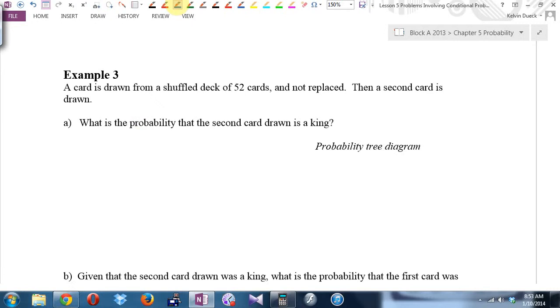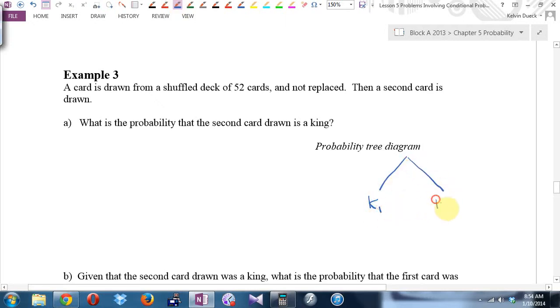Well, what are they asking me to find? Can you read A to me, please? What is the probability that the second card drawn is a king? It depends. What does it depend on? Whether the first one is a king. So our tree is going to have 2 levels: king on the first, king on the second. Our tree is going to look like this.